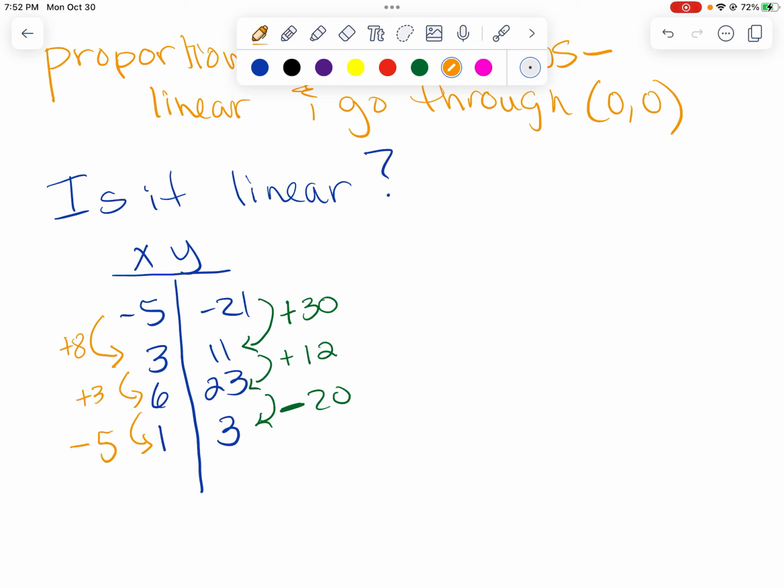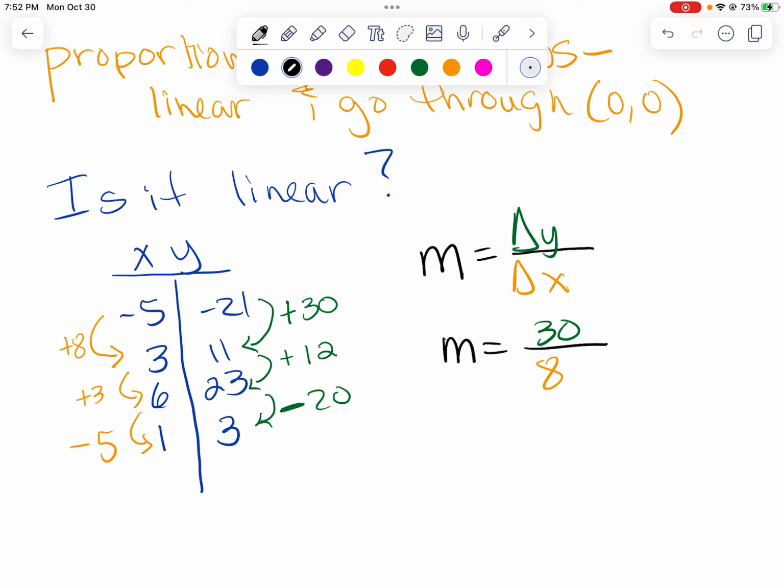Now we have to look and see, is it linear? Well, slope says that I need my change in y over my change in x. Let's look at my slopes. If I look at my first set of slopes, I'm looking at 30 over 8. If I simplify this fraction, 2 goes into both of it, so that will get me 15 over 4.